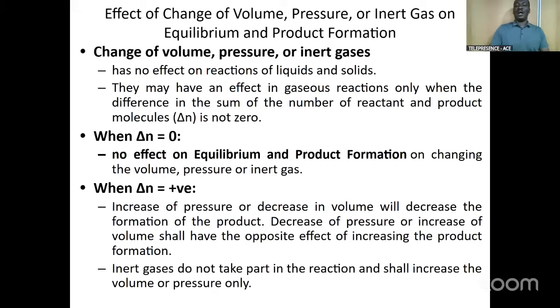So let's look at the decomposition of calcium carbonate. Calcium carbonate is solid. One of the products is calcium oxide, which is solid, and of course the other product is carbon dioxide. It's only the carbon dioxide, which is of course the product, that could be affected by change in volume or change in pressure or addition of inert gases.